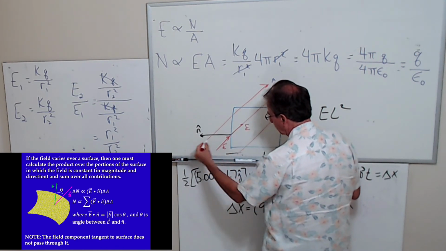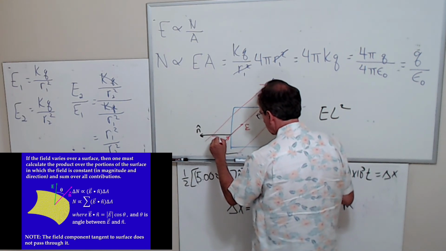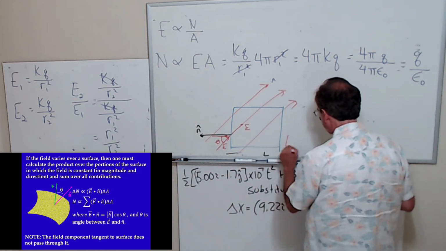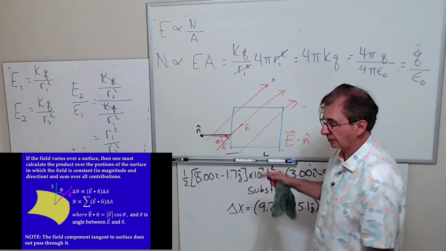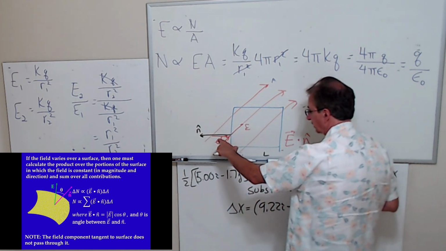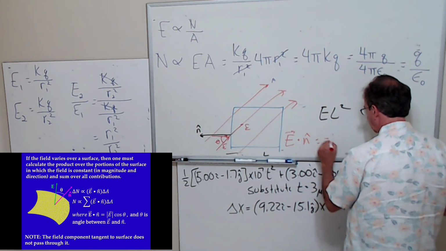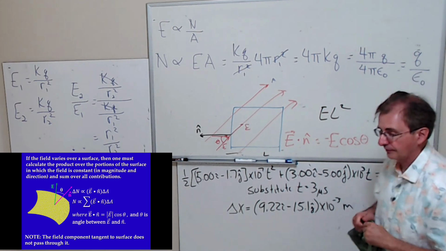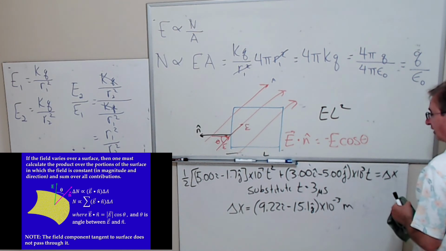There's really only the component in the horizontal direction that's penetrating the surface. So I have to take the dot product of E dot n to give me the component that's perpendicular to the surface. In this particular case, n points in the opposite direction of the x component, and so this will be negative. And this is always confusing for students, so if I lost you, let me know.